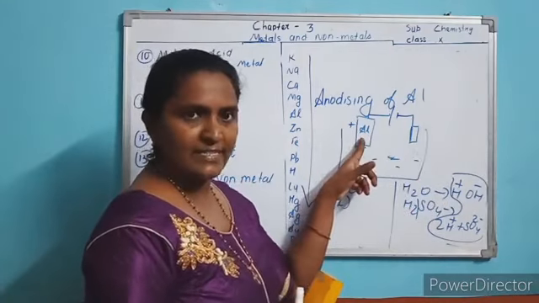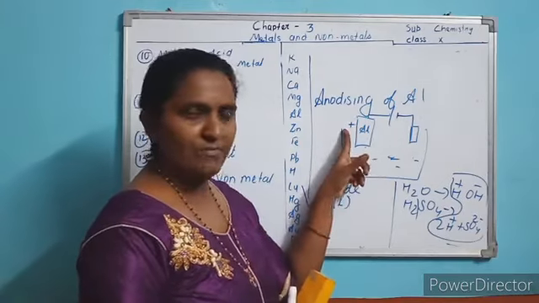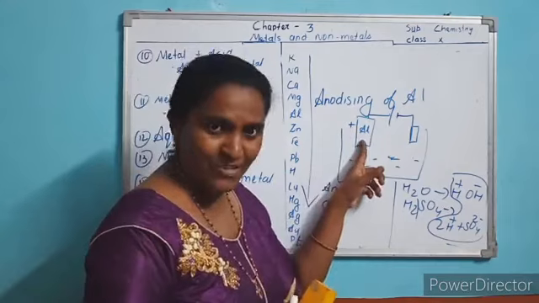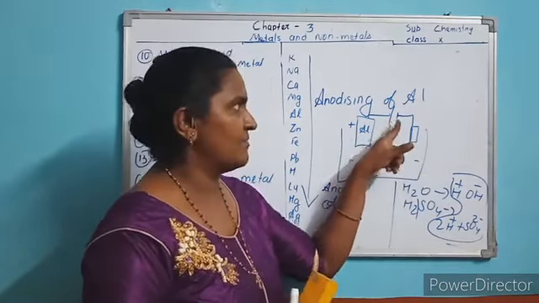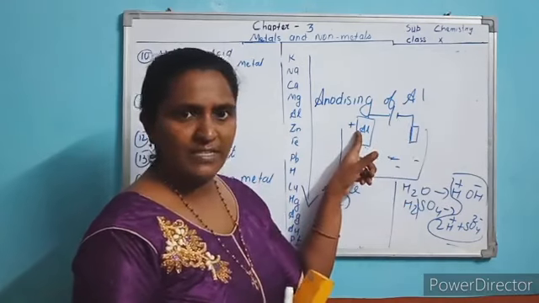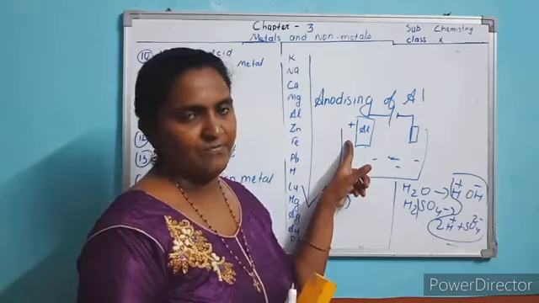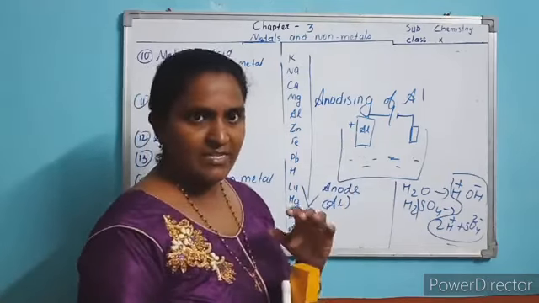Here aluminium acts as the anode, because it is connected to the positive terminal of the battery. This is the positive terminal, so it is the anode, and this is the cathode, the negative terminal. Now the battery is on, and the reaction occurs.